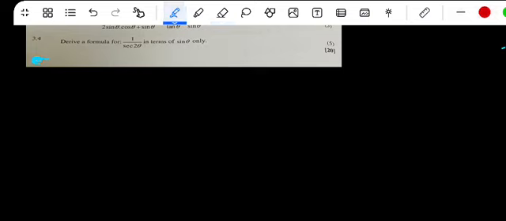So we have 1 over sec 2 theta. We know, guys, 1 over sec is the same as cos. Why?